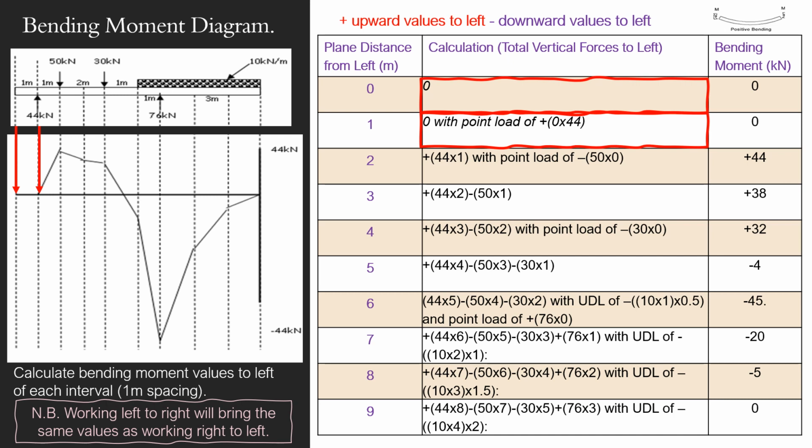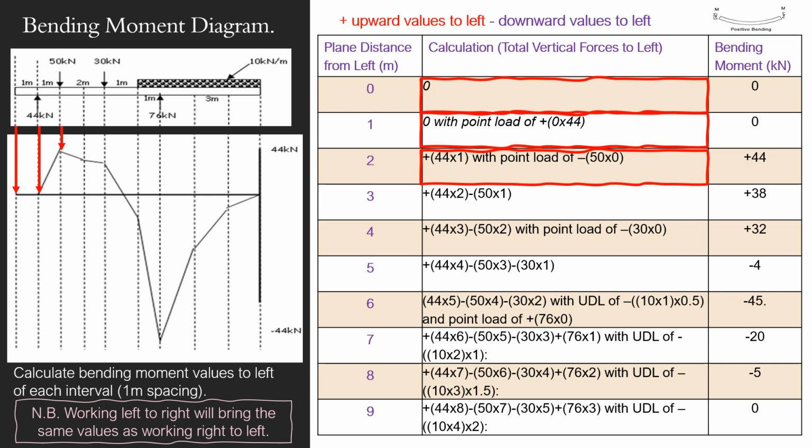The 44 kilonewtons is at that point. It's not causing it to bend, it's just sitting on top of it. So you'd put 0 times 44, which would cancel out, which means that the 44 is no longer relevant. The 44 becomes relevant another meter in, where you have to multiply it because that is now causing moment.